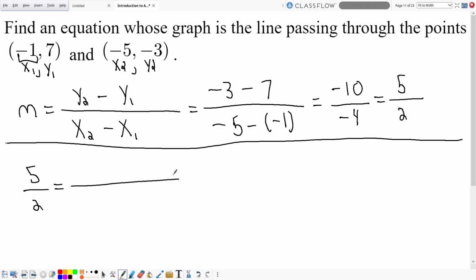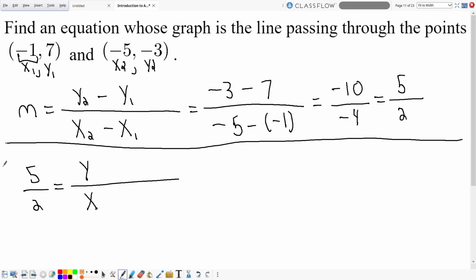So instead of doing y2, x2, y1, x1, I'm just going to say we're going to have a y value and an x value. I don't know exactly what those values are, but they're going to represent the x and y values that could be on our linear equation.